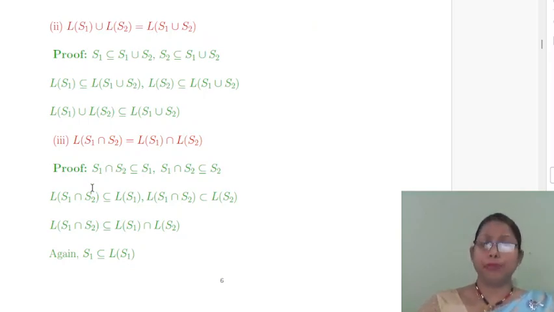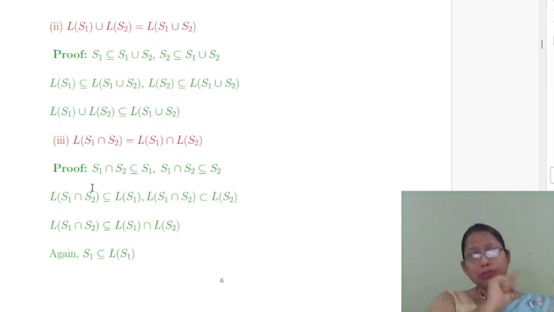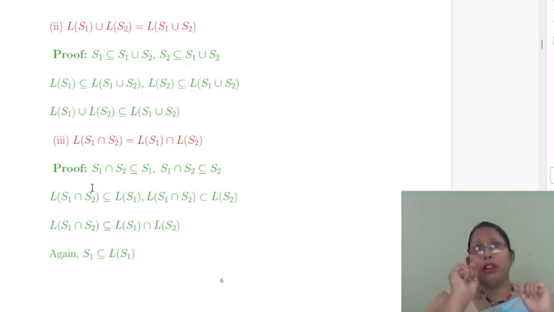Next, the linear span of S1 union the linear span of S2 is contained in the linear span of the union of the two sets. Since S1 is contained in the union of S1, S2 and S2 is contained in the union of S1 and S2, the linear span of S1 is contained in the linear span of the union of the two sets S1 and S2.